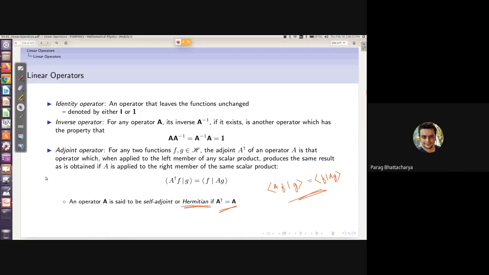Clear? Another one is an anti-Hermitian operator. An operator is said to be anti-Hermitian if the adjoint is minus the operator itself. Let me write this down here.